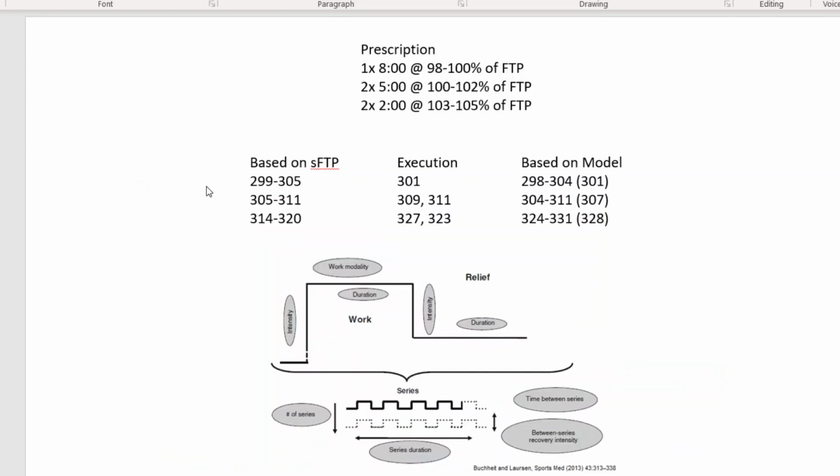In this case, based on percentage of the anchor point, the FTP, this is the range for the 8 minutes, 299 to 305. If you go by the model, you hover over 8 minutes and take 95% of that, that's 301 with a range of 298 to 304. It's not that much different.